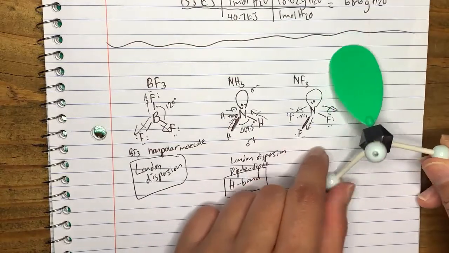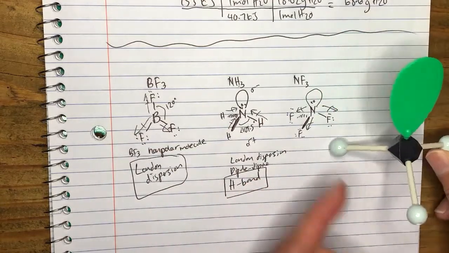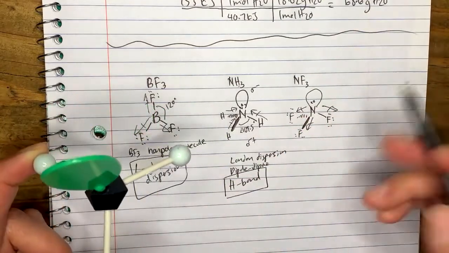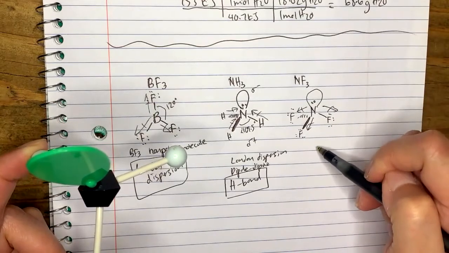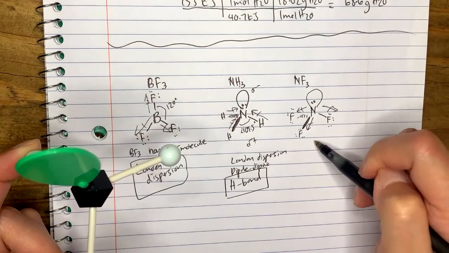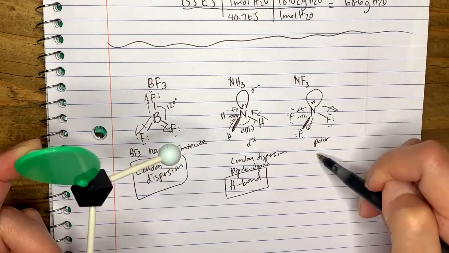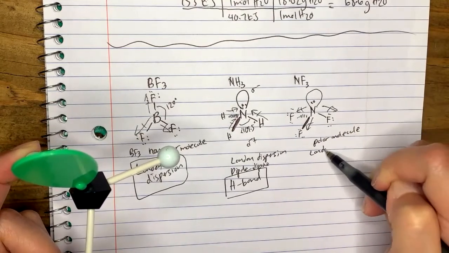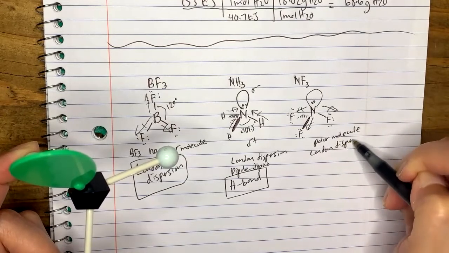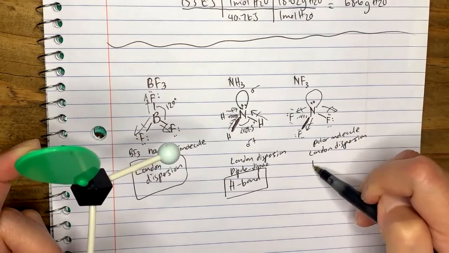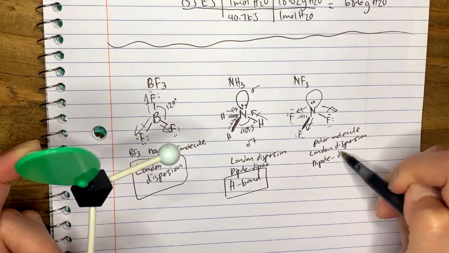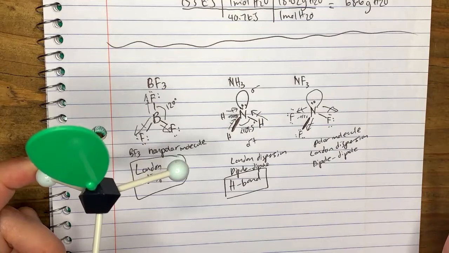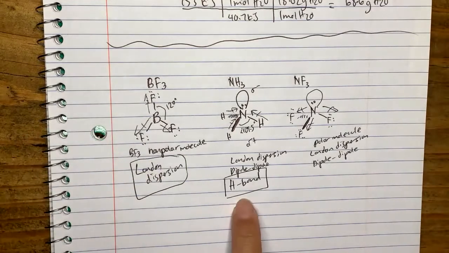It's trigonal pyramidal. See how that one points down, NF3, everybody points down. So the molecule is polar. So it has London dispersion and dipole-dipole, but it doesn't have hydrogen bonding because there's no NH, FH, or OH. This one does though, okay?